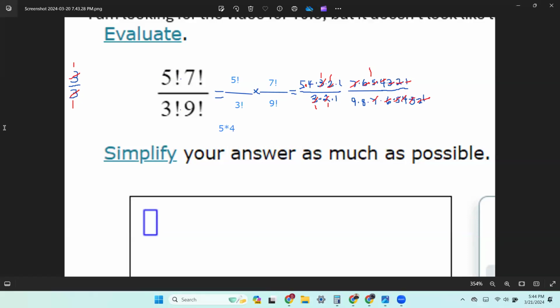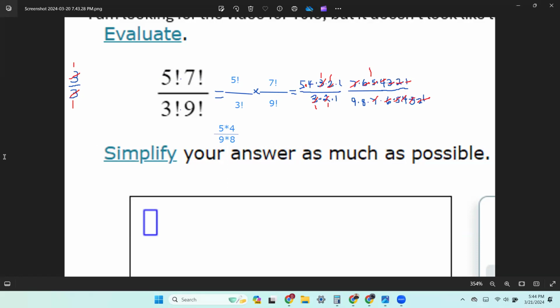All right. I'm just going to make another fraction. And down here is 9 times 8. Now we can take out anything that's common top to bottom, and between 4 and 8 there is.